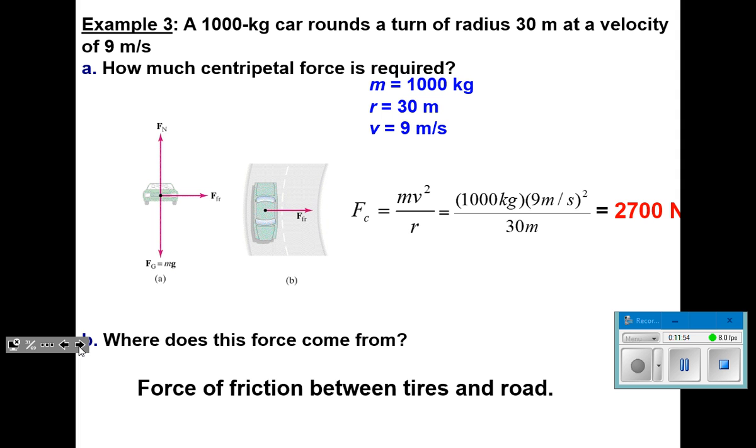It's a frictional force. I will tell you something that you need to understand. Centripetal force is not an actual force. It is a force that's created by a string or by friction. It's created by something else. It's not an actual force that exists. Notice I even have it on my free body diagram as a friction force. It's not a centripetal force. You don't put centripetal forces on free body diagrams.